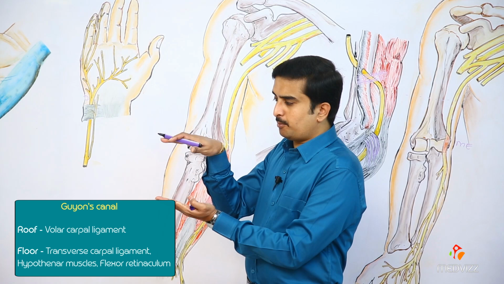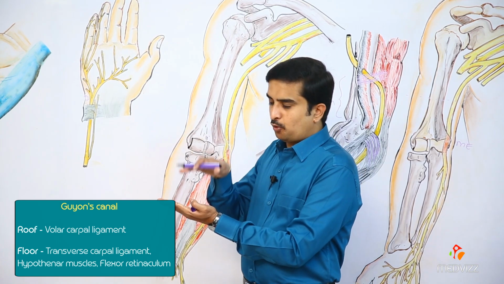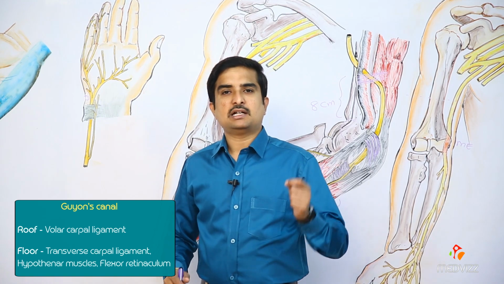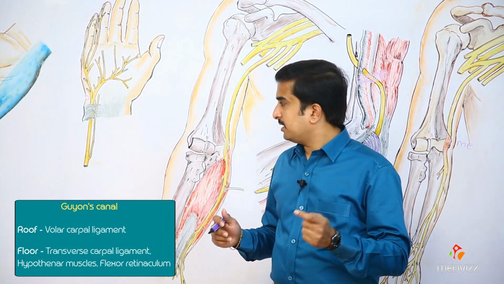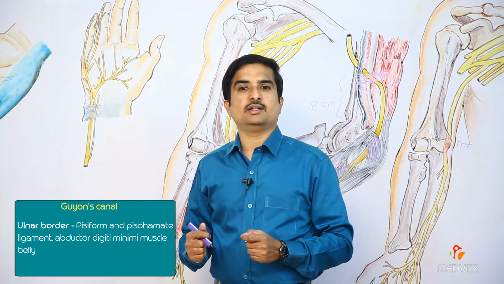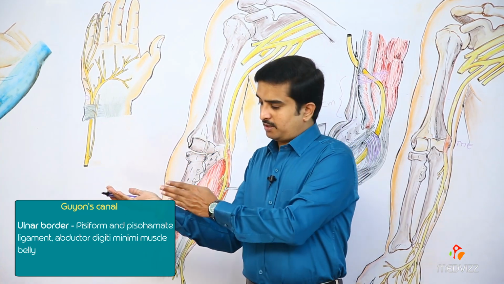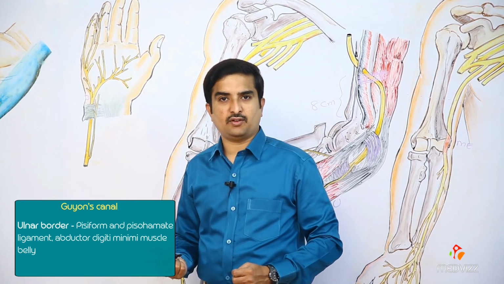So the roof is formed by the volar ligament and the floor is formed by the transverse carpal ligament, flexor retinaculum, hypothenar muscles, and it has the ulnar border as well as the radial border. So this one is the ulnar border and the opposite side is the radial border.